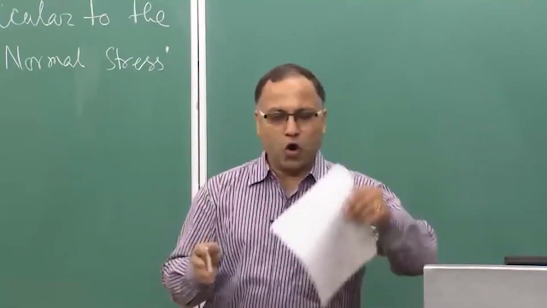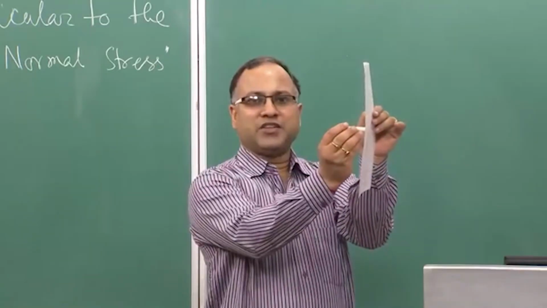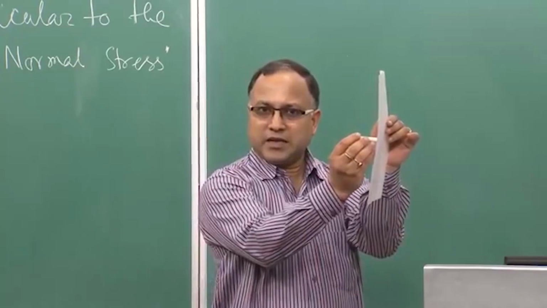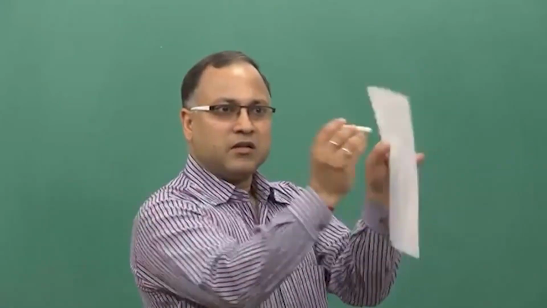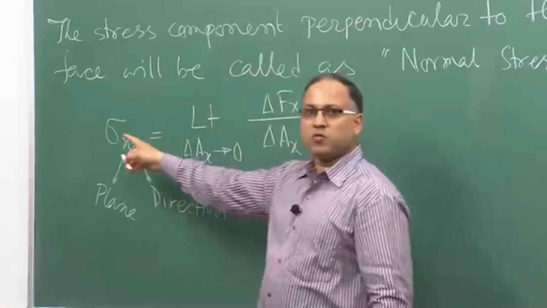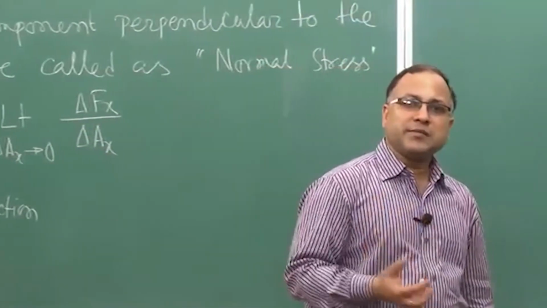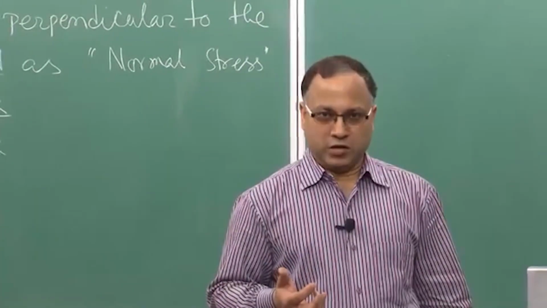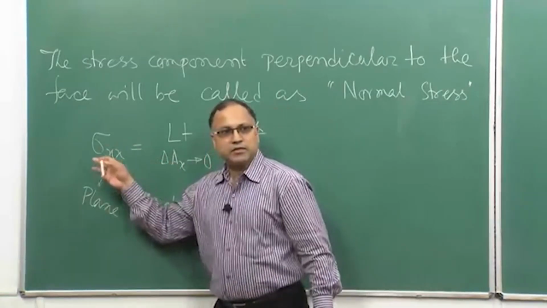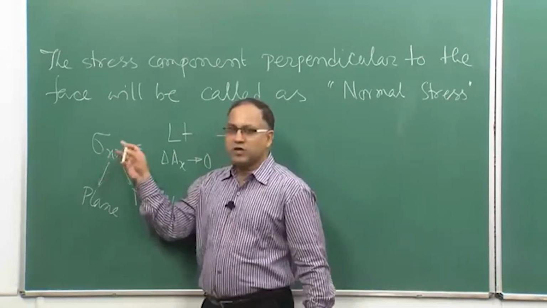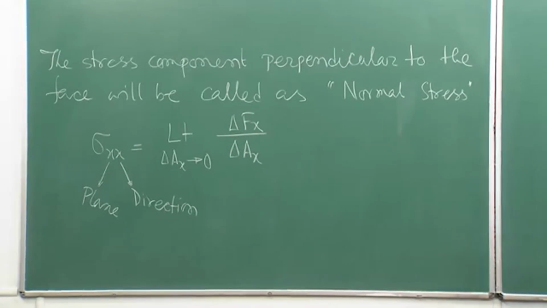Only then will I say it is normal stress. So, on x plane along x direction is defined by sigma xx, the normal stress. Whenever you have normal stress, both subscripts must be the same. This kind of notation defines the stress component on a particular plane along a particular direction.